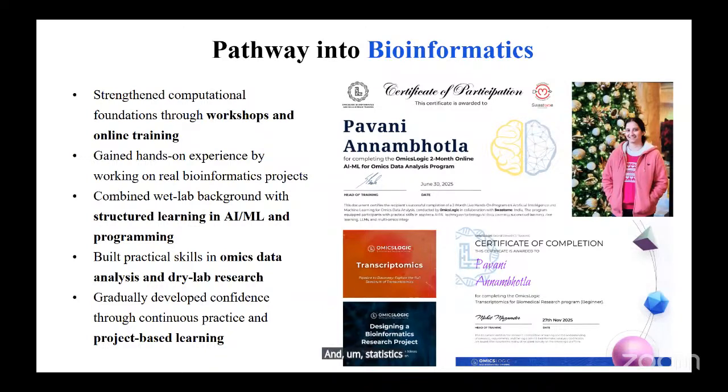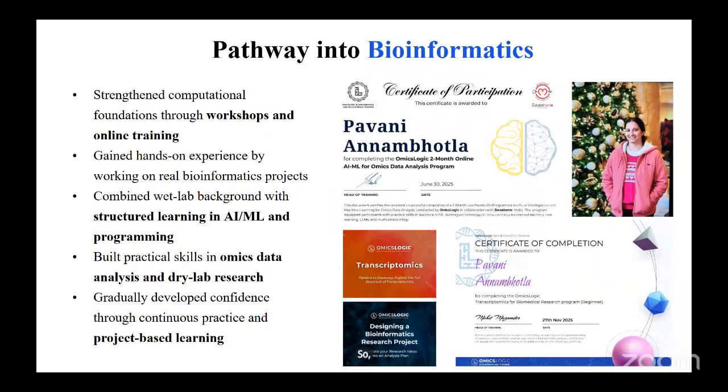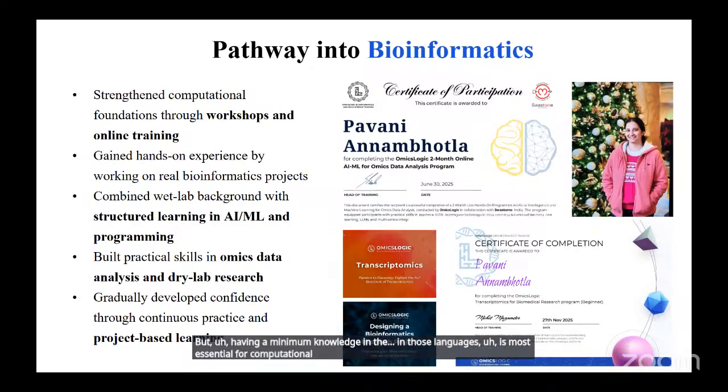Of course, in whatever domain it might be, statistics plays a key role. At a glimpse, it can give us an overview of the dataset. And Linux, PowerShell scripting, even though they were a bit complicated, having a minimum knowledge in those languages is most essential for computational workflows.